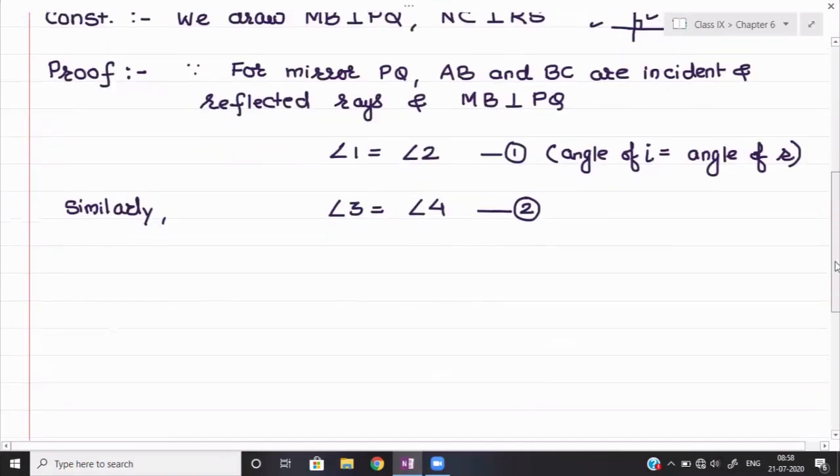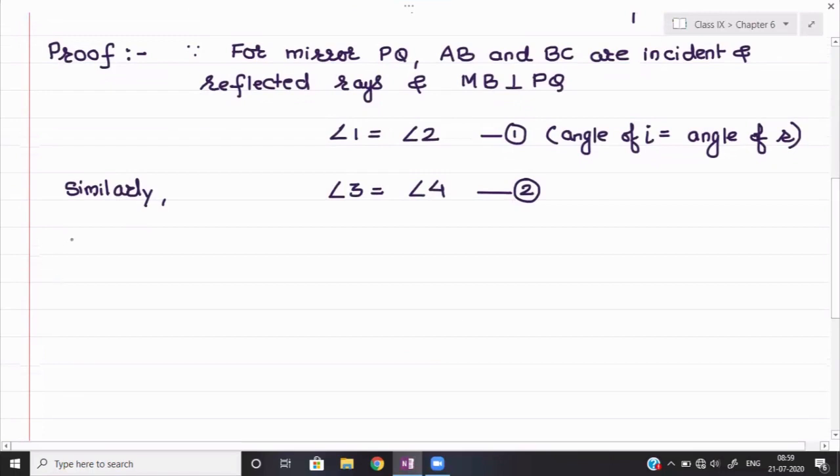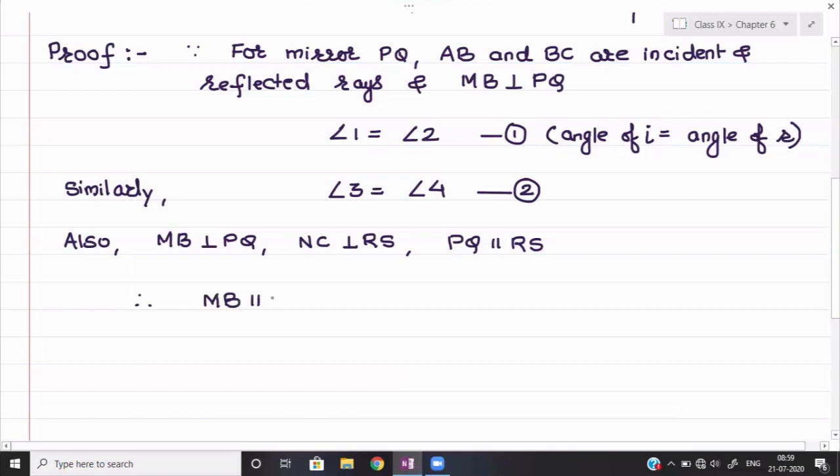So now write down further also: MB is perpendicular to PQ, NC is perpendicular to RS, and one more thing, PQ is parallel to RS. Therefore MB is parallel to NC. No reason is required here because it is based on our logic.